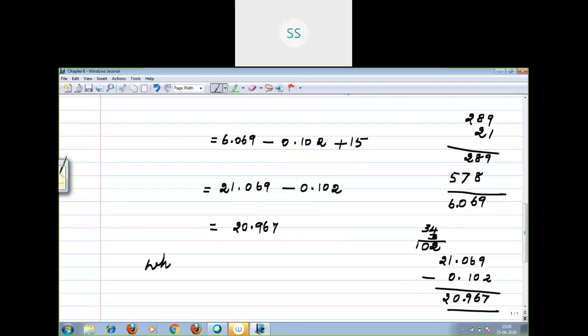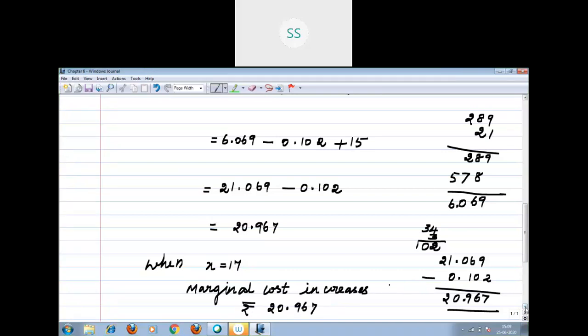When x is equal to 17, the marginal cost increases by rupees 20.967. Now we'll pass on to question number 16.